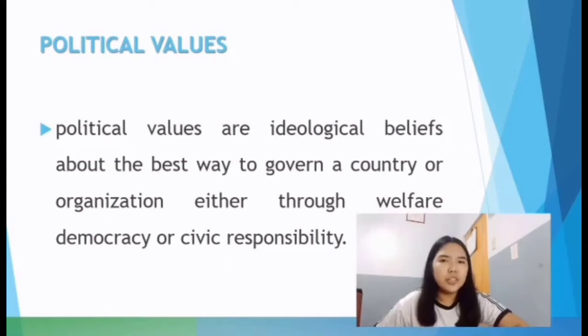As a politician, in political values, you should be fair in any decision that you make, and it is not only about your image, it is also about the people of the country. So you should be careful in decision making or making a solution.